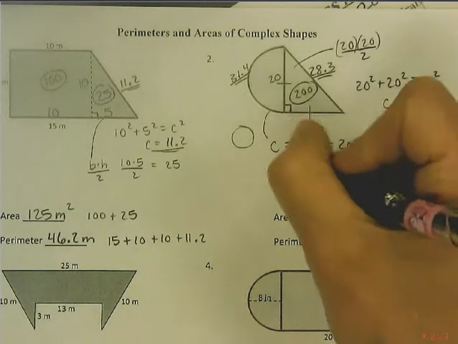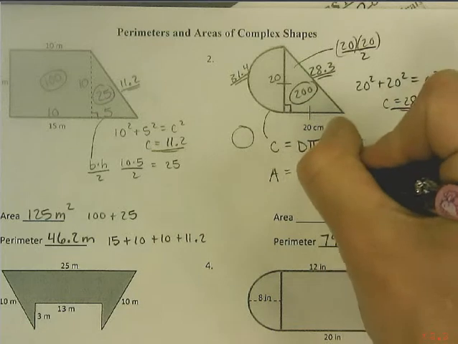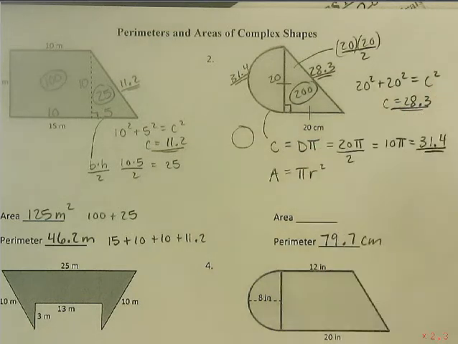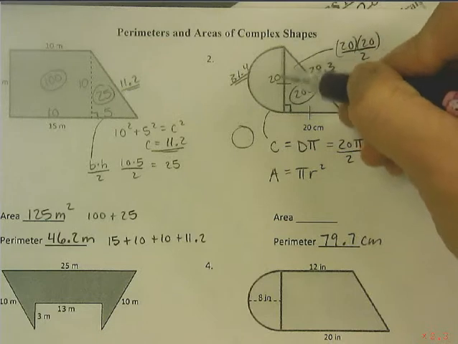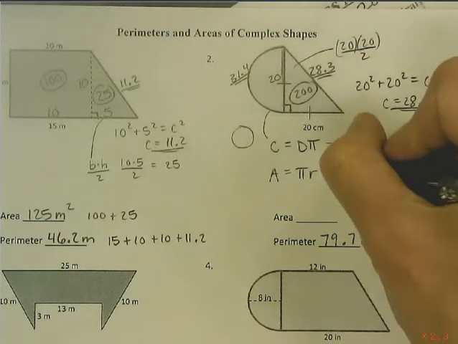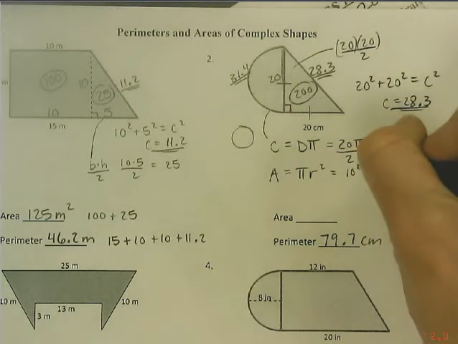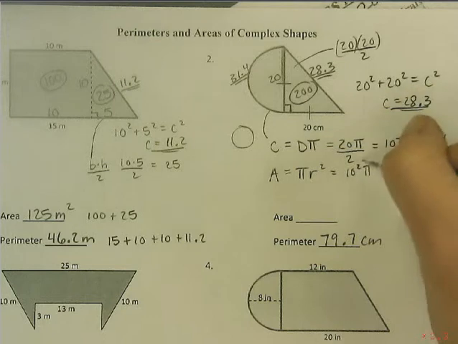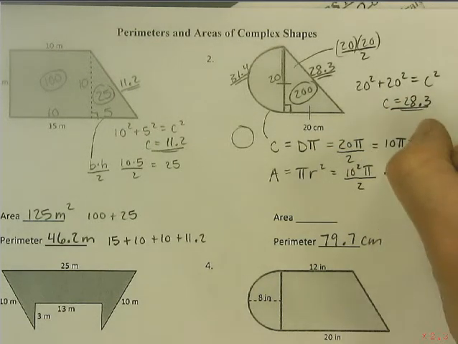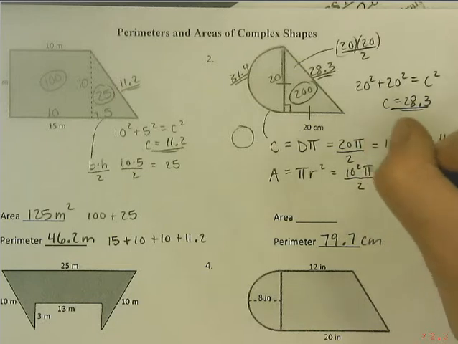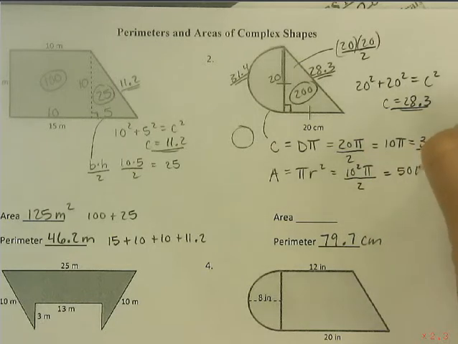And the area of the semicircle, remember a full circle is pi times radius squared. Well, notice the diameter is 20, so the radius is going to be half that, or 10. So we get 10 squared times pi. That would be the full circle's area. Remember, we have to divide that by 2 to get half. So 100 pi divided by 2, 50 pi.